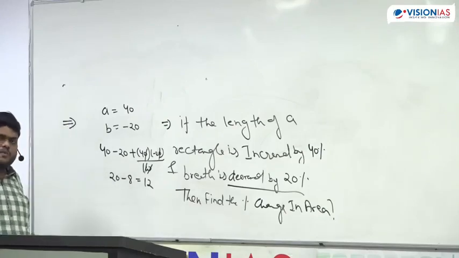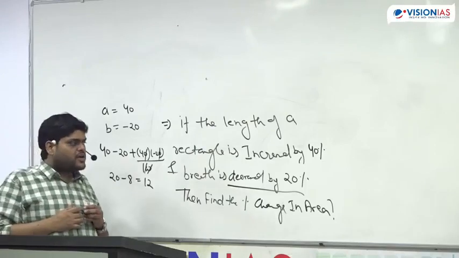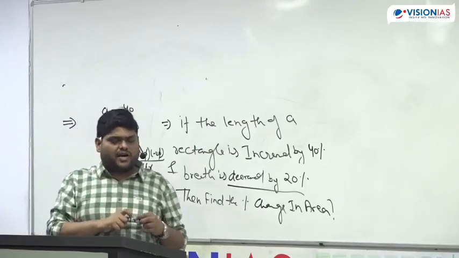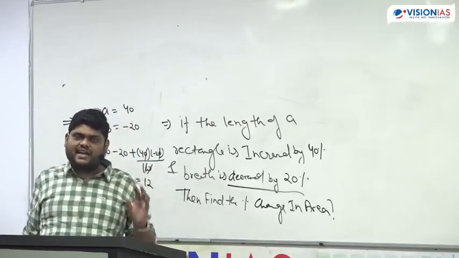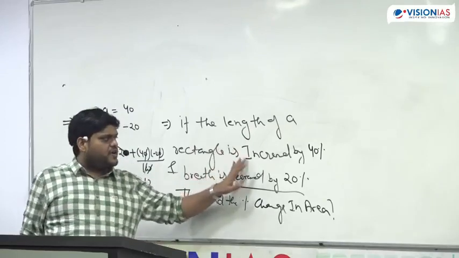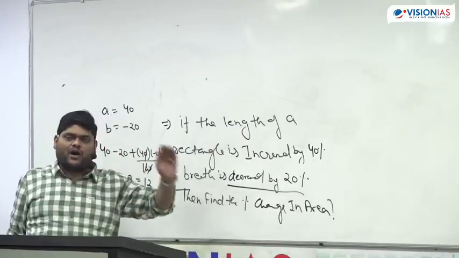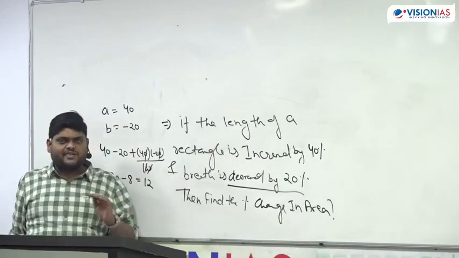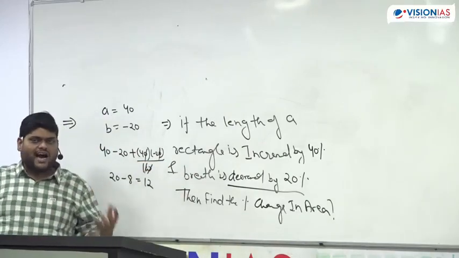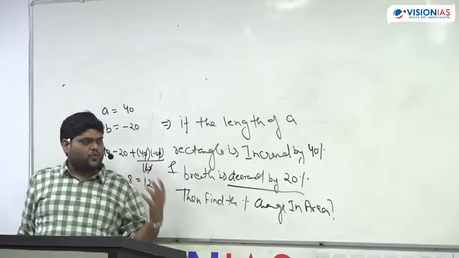And you can do it without pen and pencil also. You can assume area is equal to 100. First there is a 40% increment, that means 100 becomes 140. Now there is a decrement of 20%.